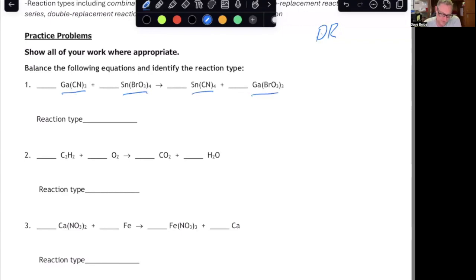We are going to get into predicting in a couple of ones, and we'll go more into how to do that. You have your single replacement. This is something like here where you have a compound and a metal trying to break apart that compound. So again, switching positives, but this time you have a single element breaking apart a compound, or at least trying to. So for single replacement, look at the activity series.